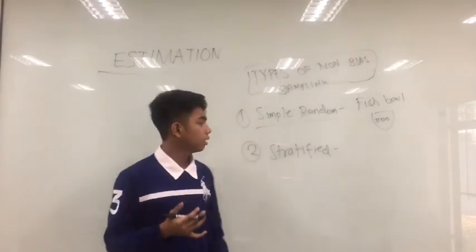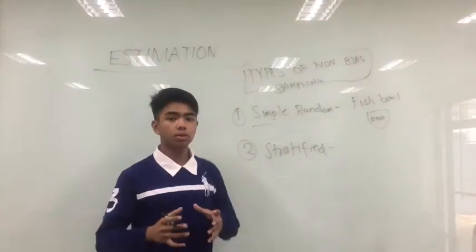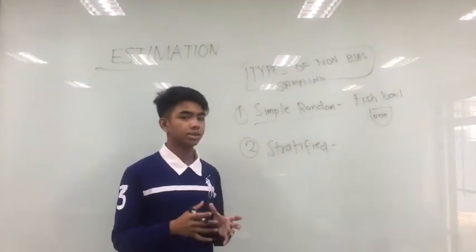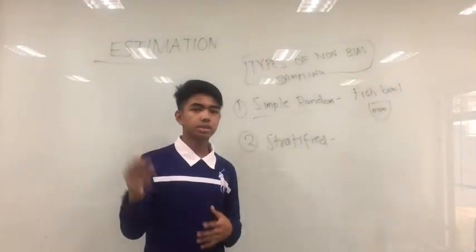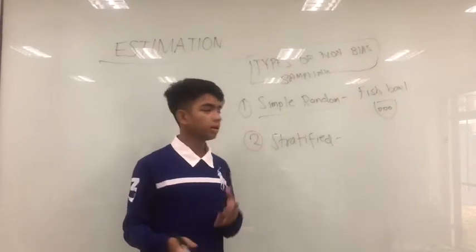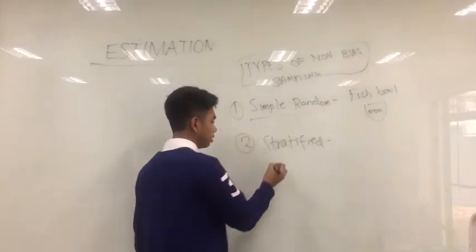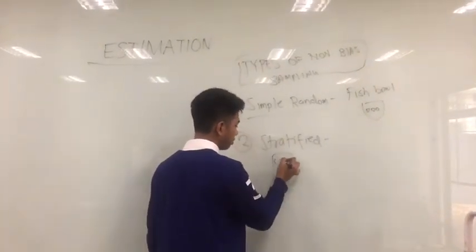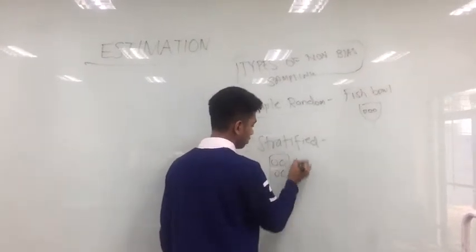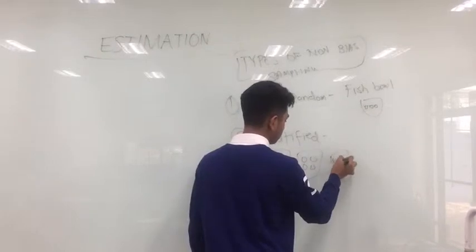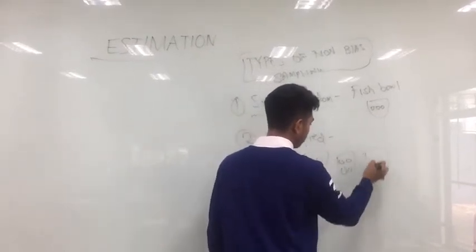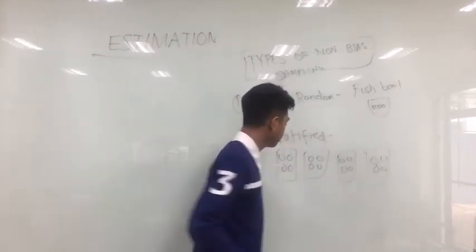Next is stratified. Stratified is when you divide the samples into 4 different groups with the same qualities, which are called strata. For example: 1, 2, 3, 4. 1, 2, 3, 4. 1, 2, 3, 4. 1, 2, 3, 4.